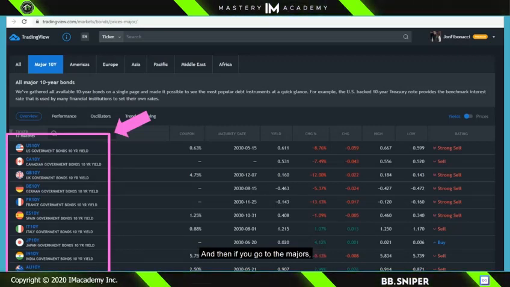All right, and then if you go to the majors, instead of looking at all of them, I'm just looking at the major 10 years, and here you have it. So here's that list, starting with the U.S. government bonds, Canadian government bonds, UK, German, France, so on and so forth. So if you want to take a look at the other yields and start doing some of your own studying and back testing, I highly recommend you do so.